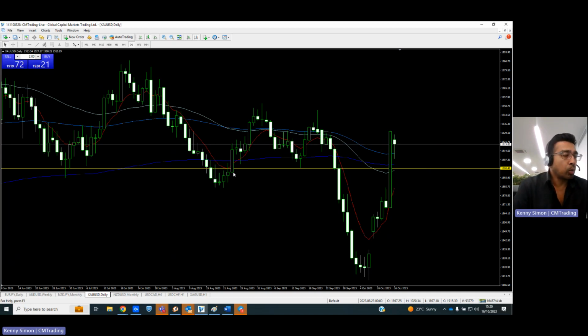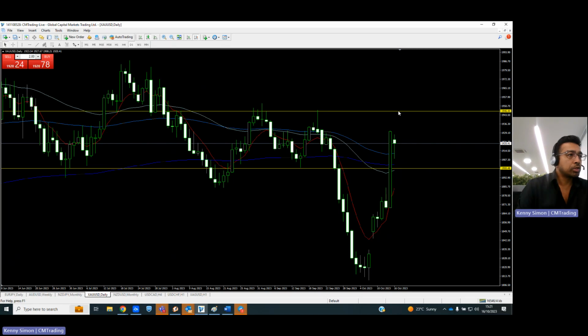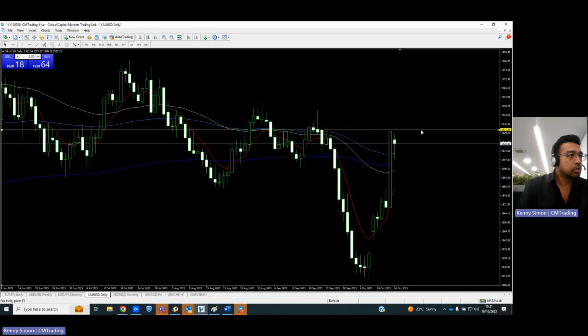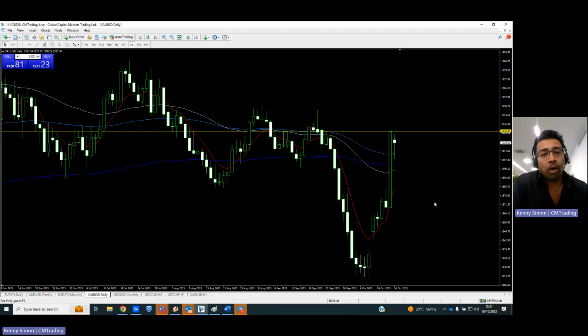Now, I'll demonstrate that as well. If we're looking at this here, you could see that this was a very strong mother candle, a bullish mother candle to the upside for gold, and this is based on a daily chart. Now, there's always a reason why the closing price was actually there, and most of the time it is reflected by either an opening price or a closing price of either one, a bullish or bearish mother candle.